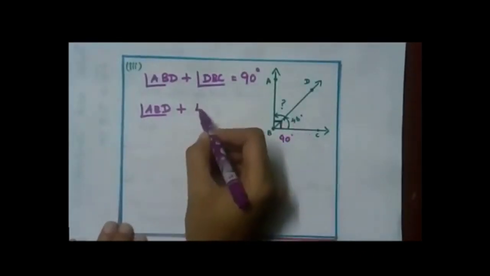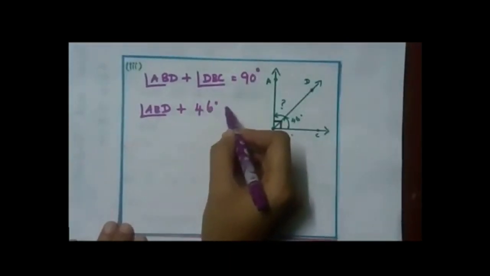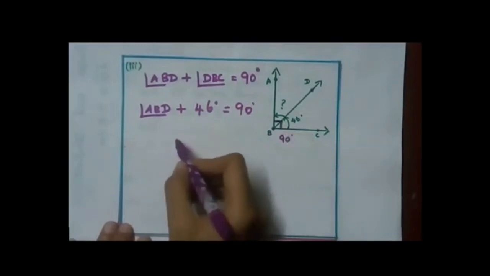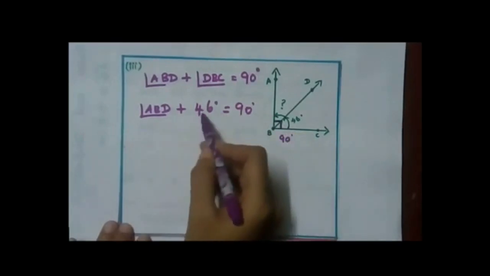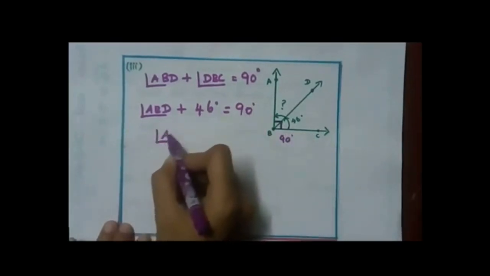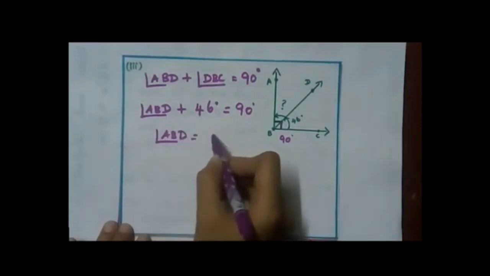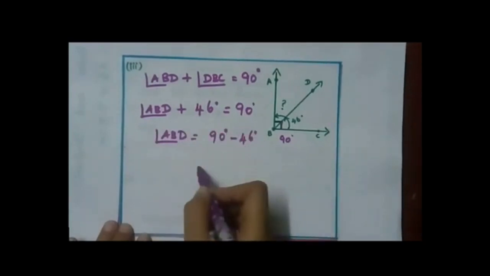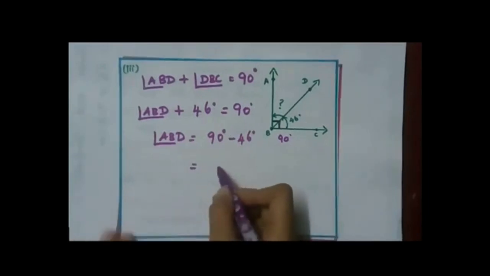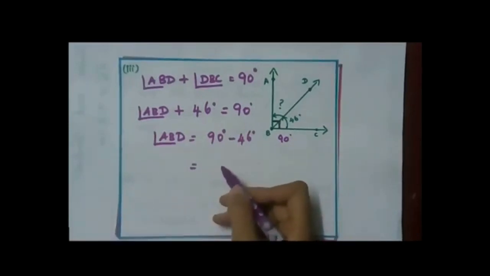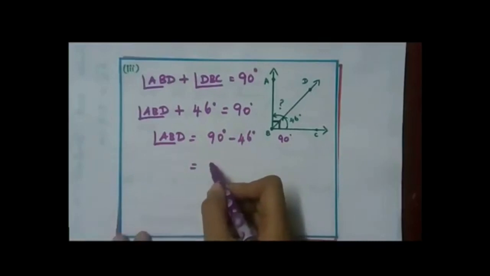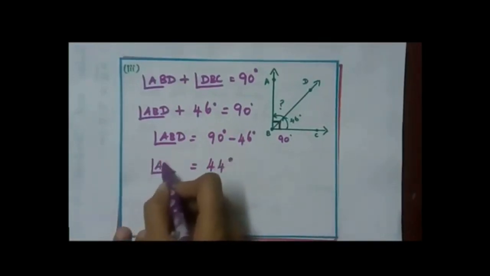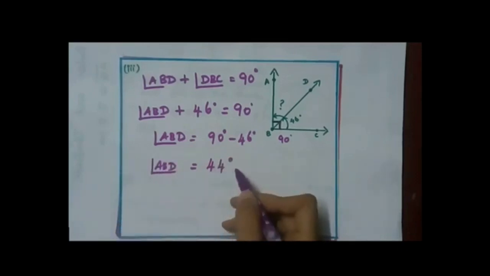So I am writing this 46 degree equal to 90 degree. So I am subtracting 46 from 90 to find the angle ABD. So subtract 90 minus 46. What is the answer? Yes, 44 degree. Angle ABD is 44 degree.